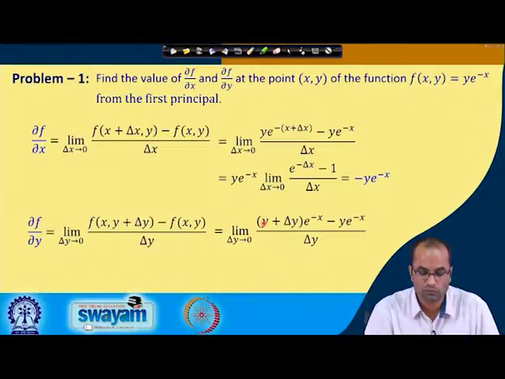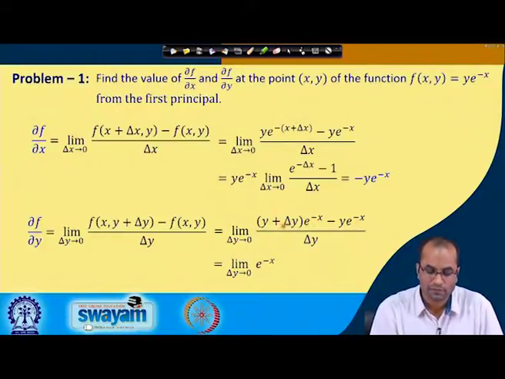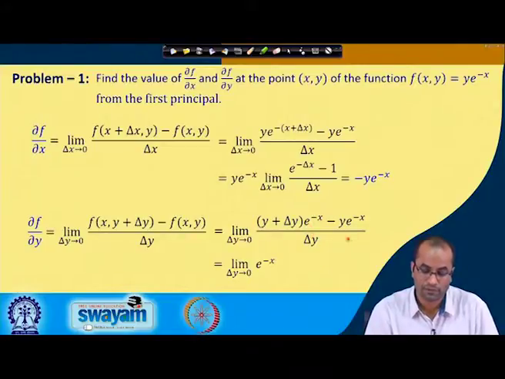So, again here y e power minus x is a common term. Here we have y e power minus x and minus y e power minus x, which cancel out, and then we have delta y e power minus x over delta y.